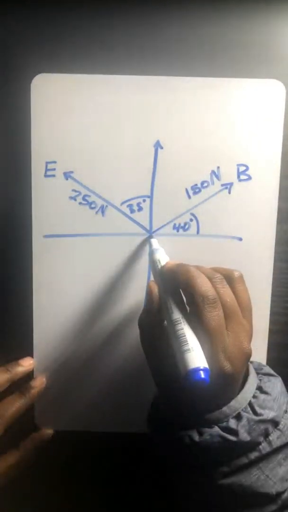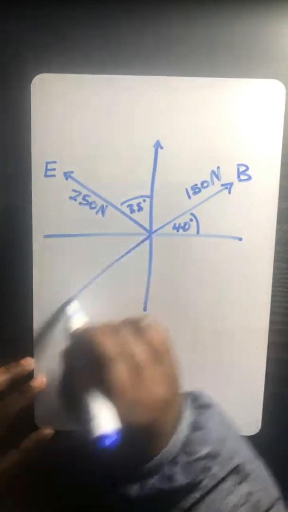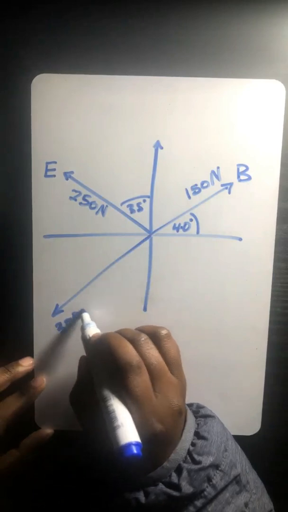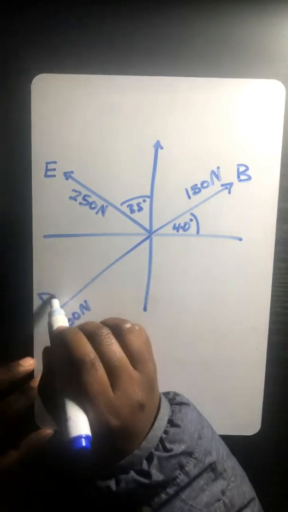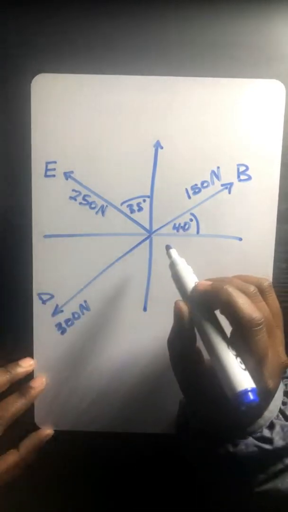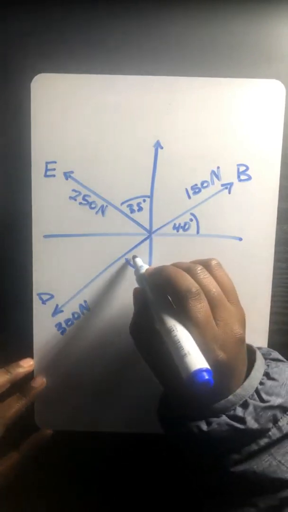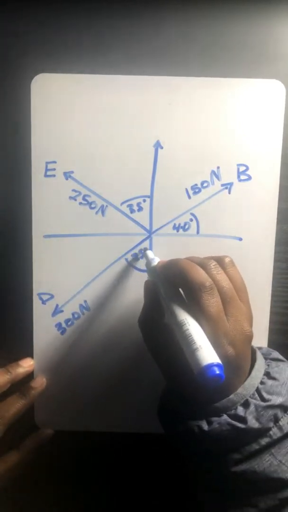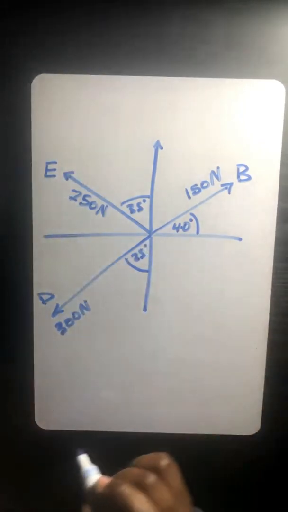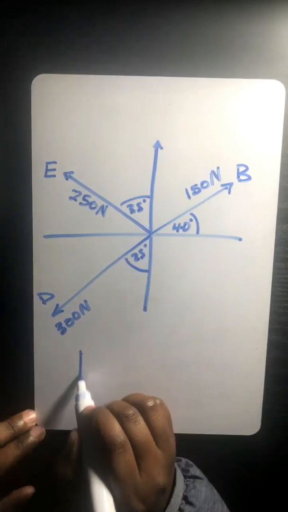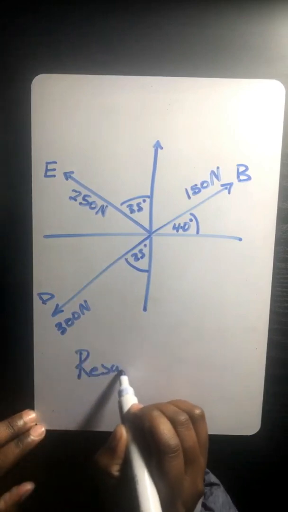Then let's have this one in that direction, say 300 Newton, call it D, and the angle measured there is 25 degrees. Then I'll leave it there and say calculate the resultant force.